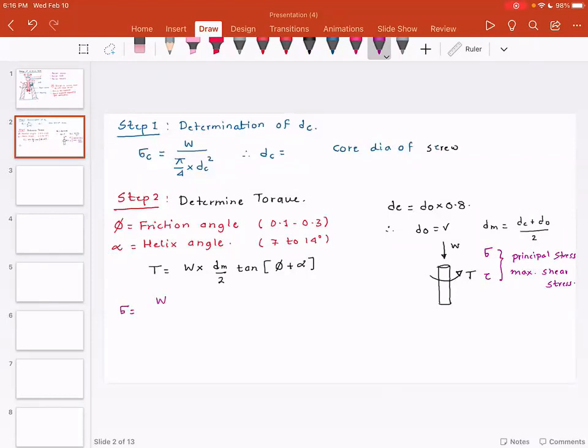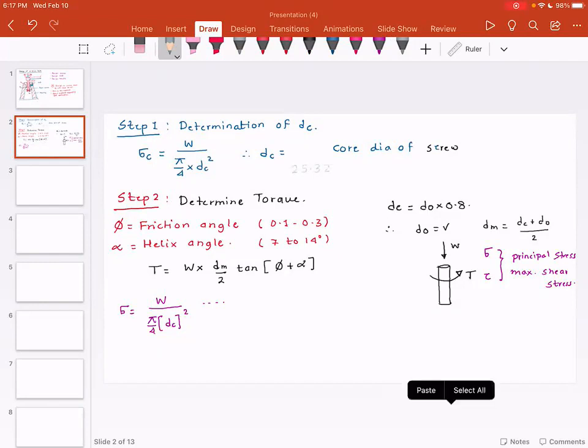Anyways, we need to find out the value of sigma. Sigma will be calculated as W divided by pi by 4 dc square. A word of caution. When you calculate dc from step 1, you are never going to get a core diameter that is perfectly rounded. For an example, you may get a core diameter of 25.32. To be honest with you, you won't be able to find a screw with this dimension.